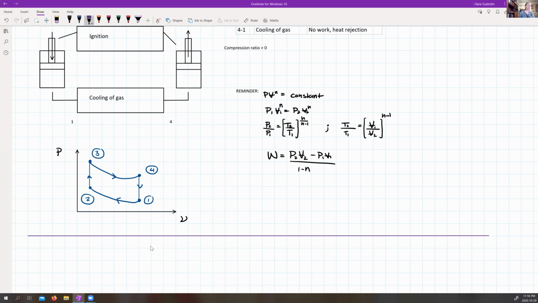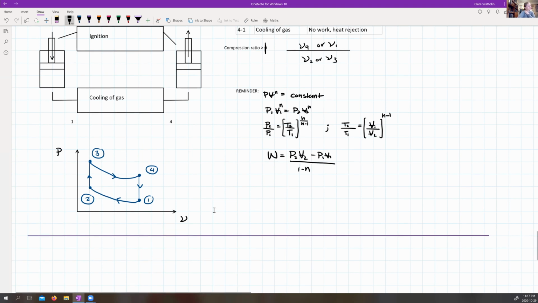It should be greater than 1. And it's the large specific volume, so here 4 and 1 over 2 and 3. I had written it backwards. So it's a value greater than 1.